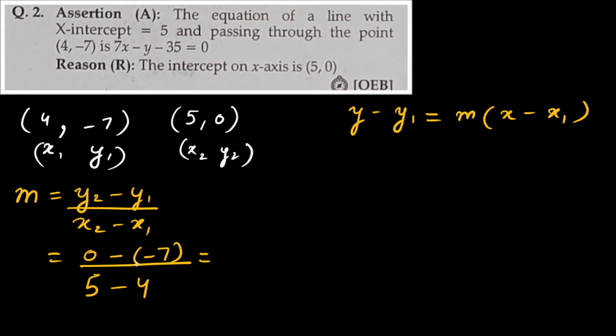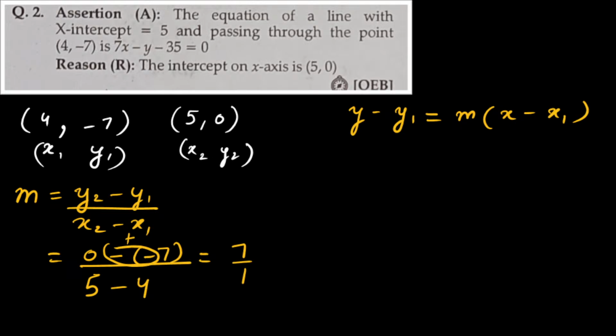So minus minus will become plus. 0 plus 7 is 7, and 5 minus 4 is 1. So the slope we are getting is positive 7. Positive 7 or negative 7? Yes, the slope is positive 7.